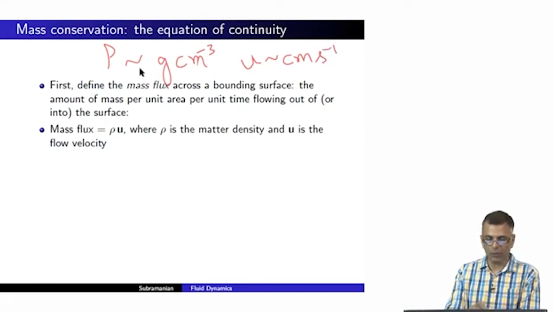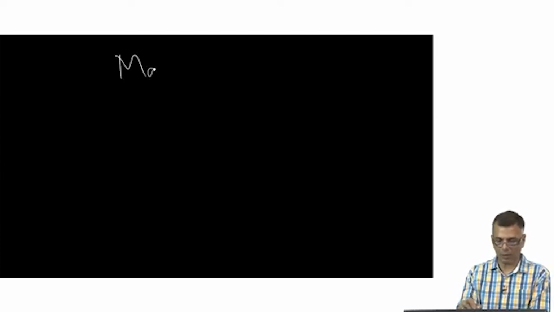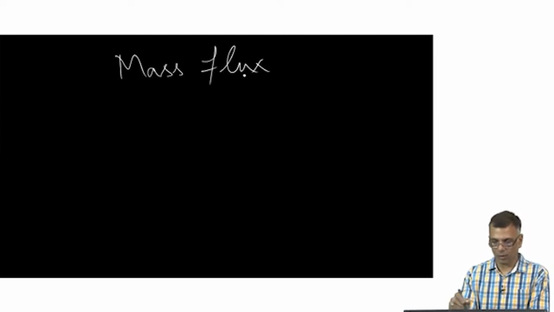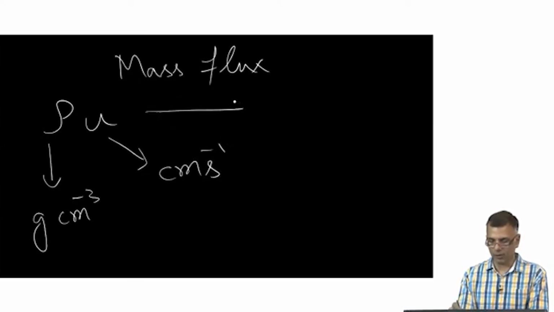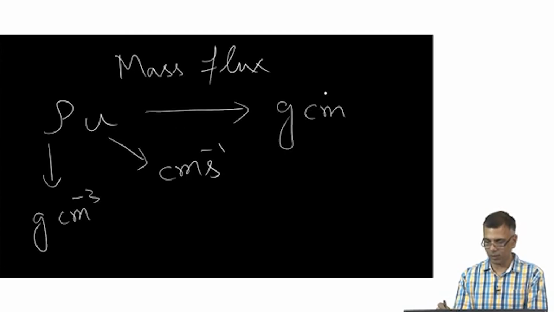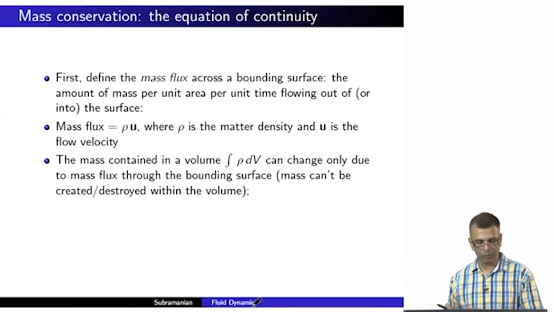So you multiply these two together, and the units of rho u are grams per centimeter squared per second. That's a definition of mass flux.